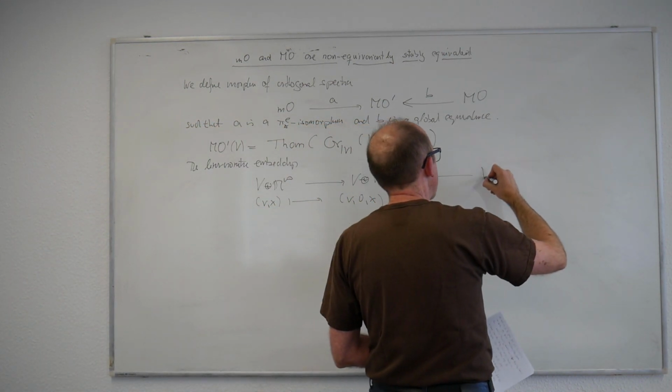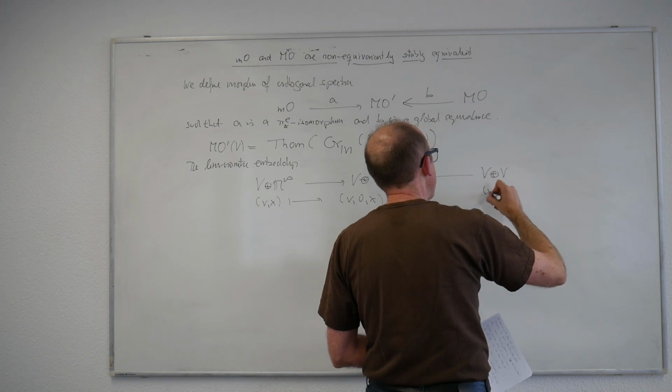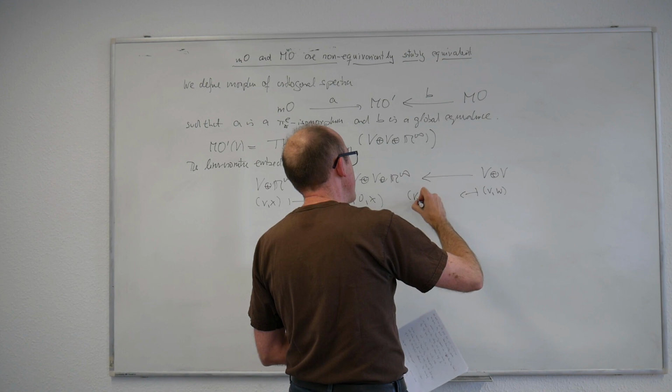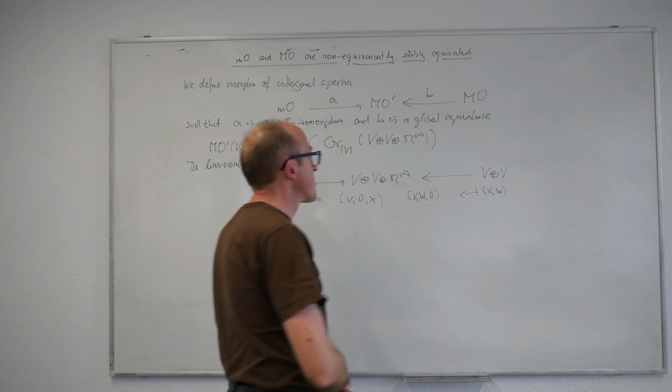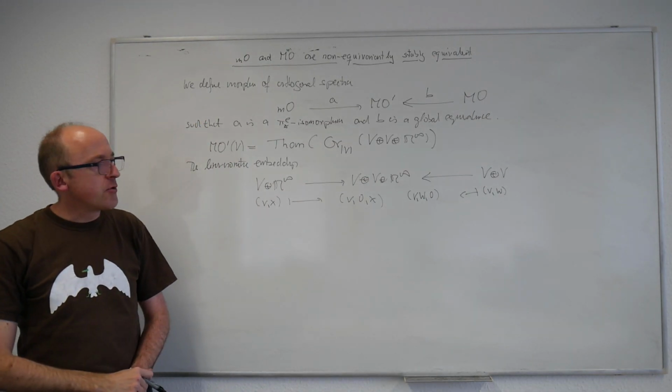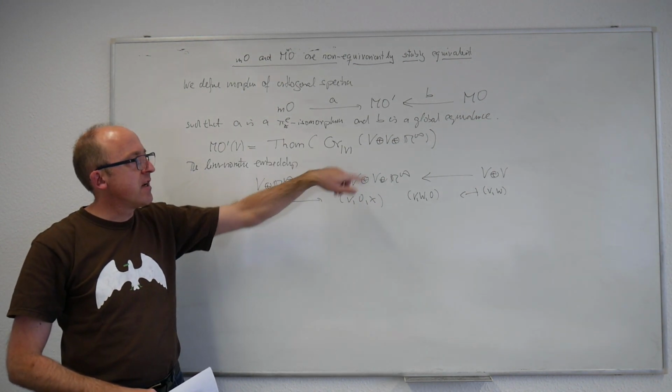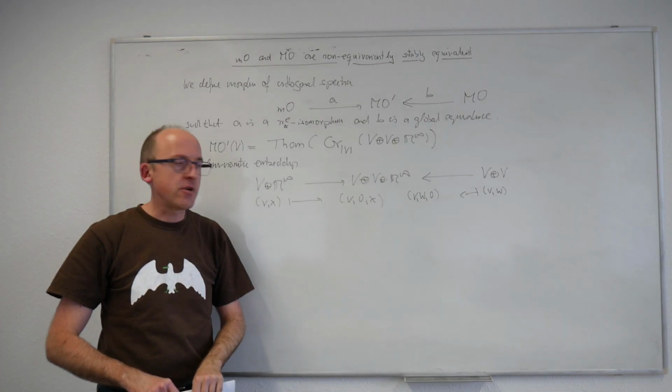And on the other hand, I compare this to V plus V in the most obvious fashion. I send V comma W to V comma W comma 0. So these induce maps on the Grassmannians. We always have the same dimension V here, and then also on the Thom spaces for the tautological bundles.